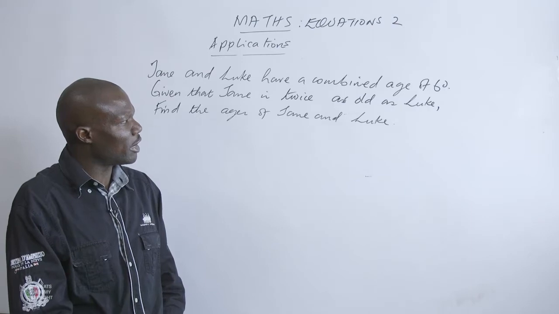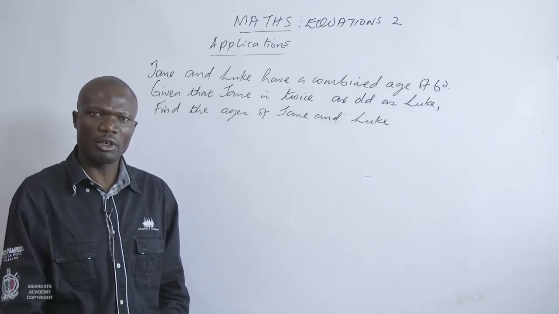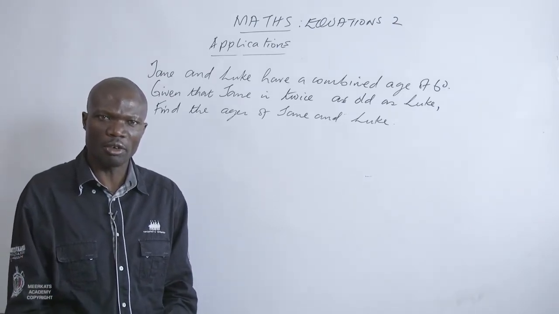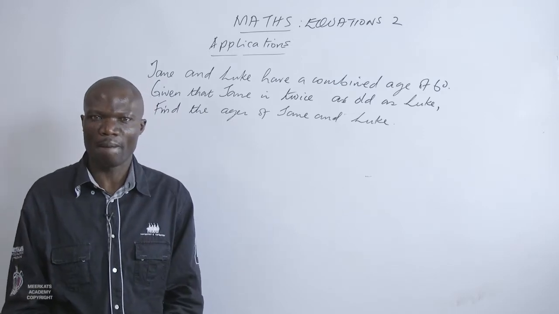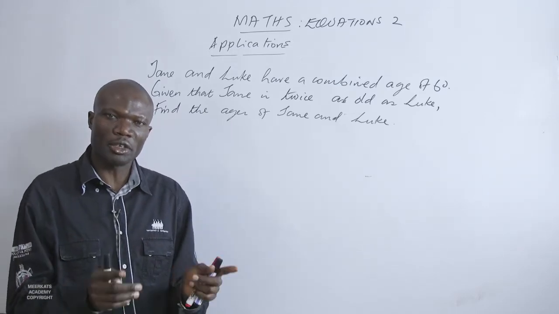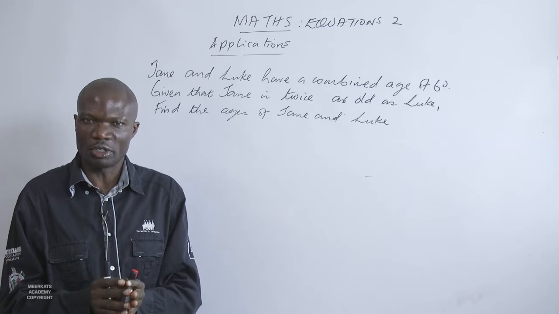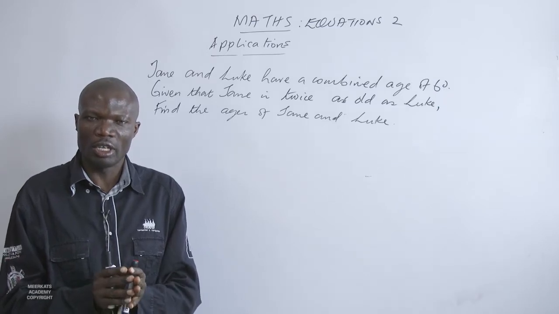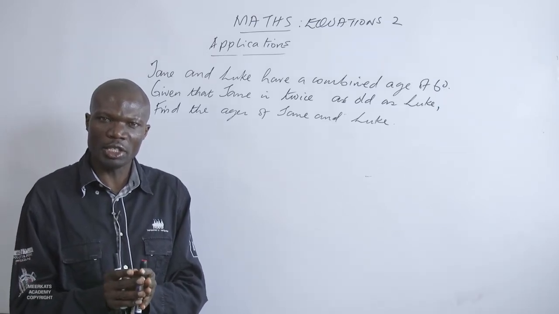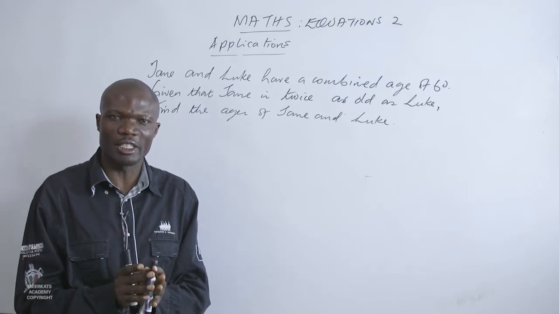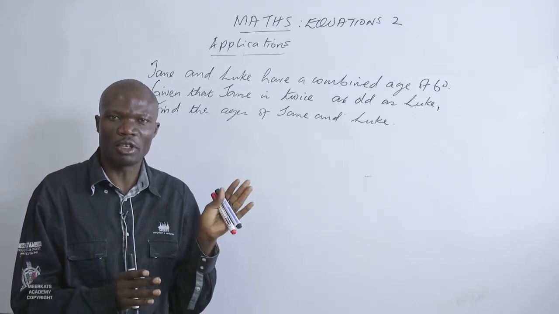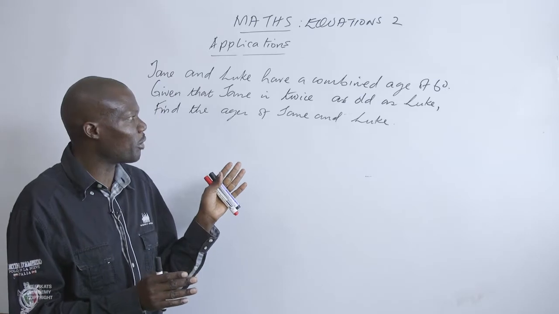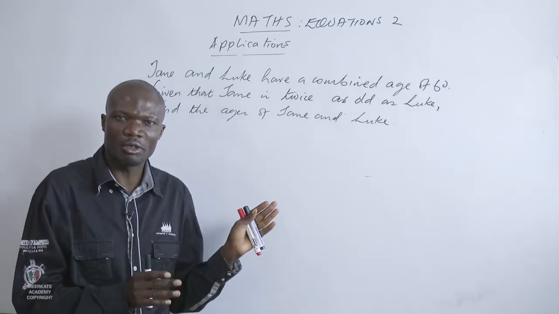For this case, what is unknown is the age of both Jane and Luke. But the total age for Jane and Luke is known. The other thing is there is a relationship between the ages of the two people here.